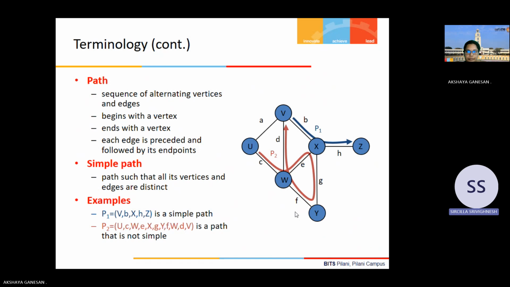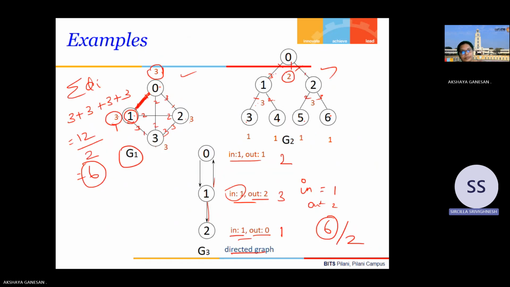Ma'am, if there are seven edges, then what if it comes decimal if we divide by 2? Mostly it will not be decimal. Say this is our graph.